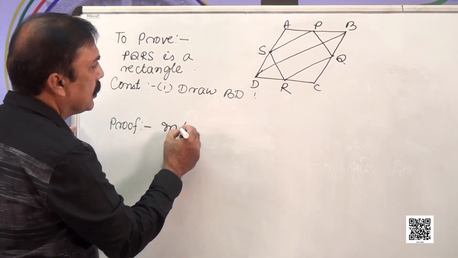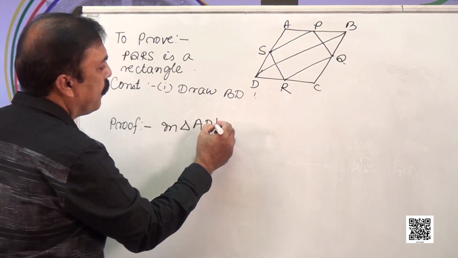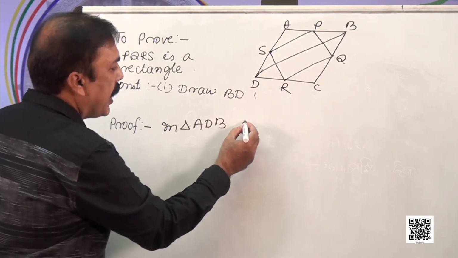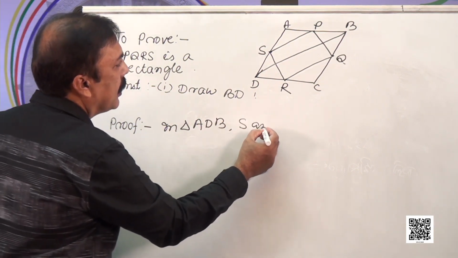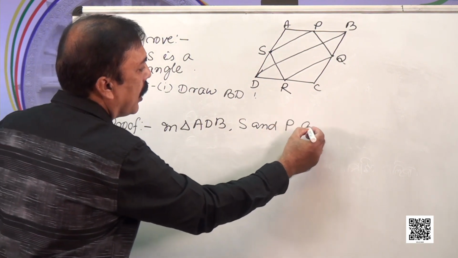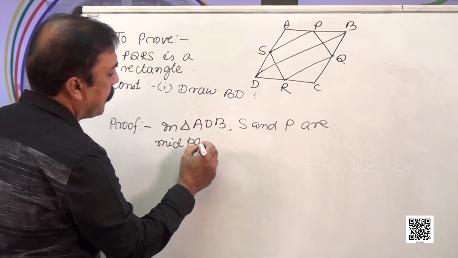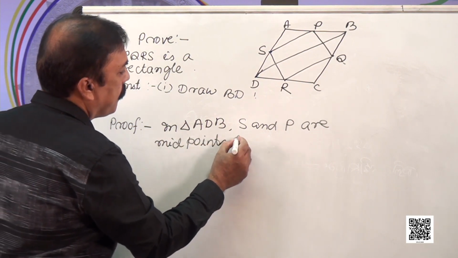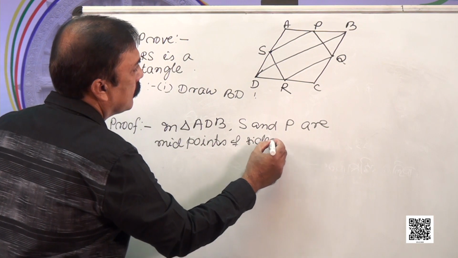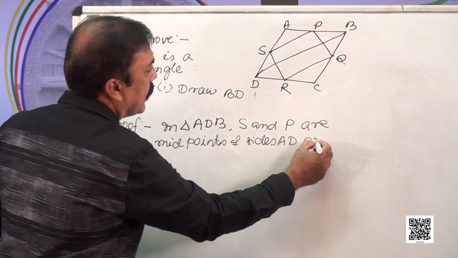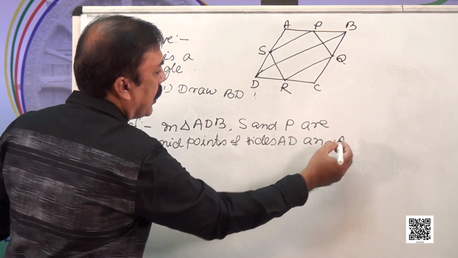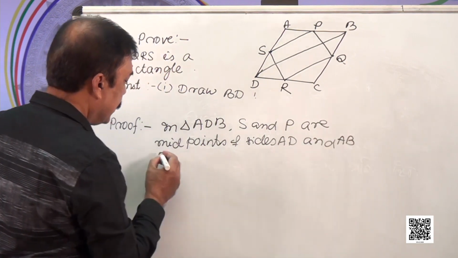In triangle ADB, S and P are midpoints of sides AD and AB respectively.